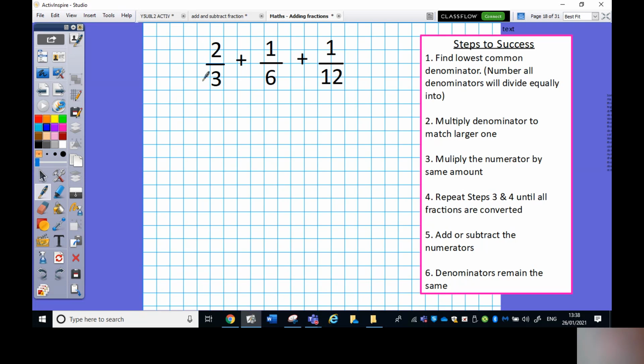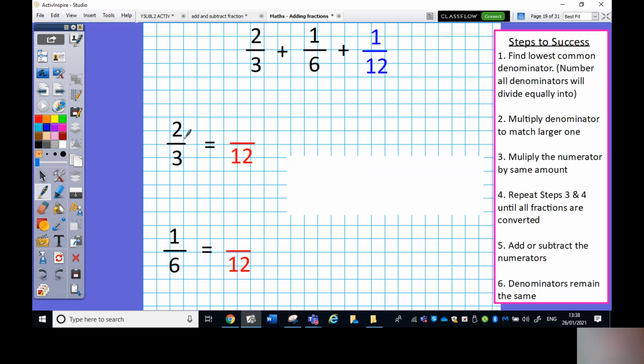Great. So what I'm going to do is I now need to convert these 2 fractions into twelfths. So I've written my 2 fractions, 2/3 and 1/6, and I prepared my equivalent fraction into twelfths. So let's go through the process. What do I need to do first? I found my lowest common denominator already. I need to multiply the denominator to match the larger one.